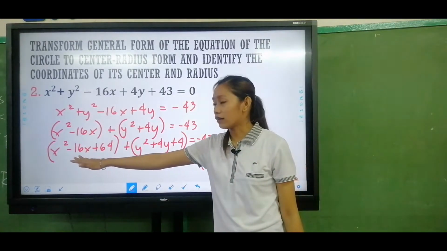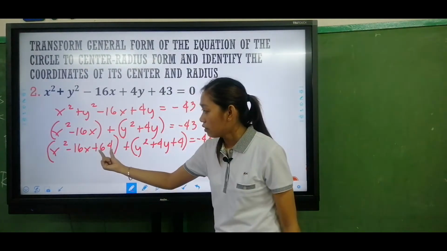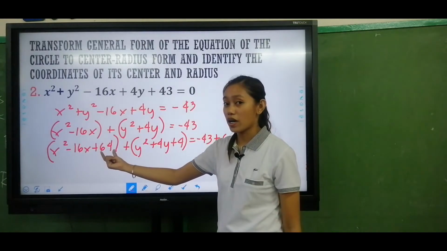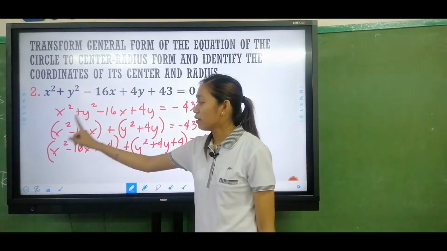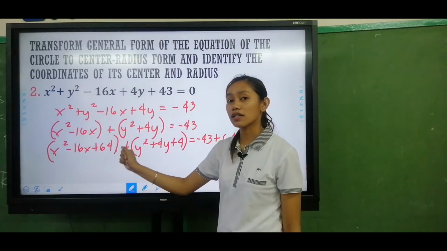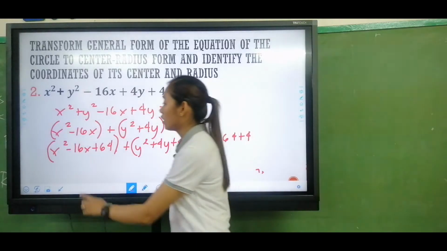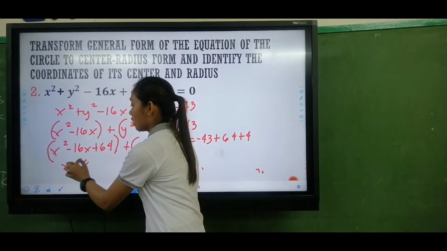Next, let's extract the perfect square binomial. So, again, the factor of 64, when multiplied by itself is 64, and when added is negative 16. So, that is 8. So, since it is negative, x minus 8. Why 8?